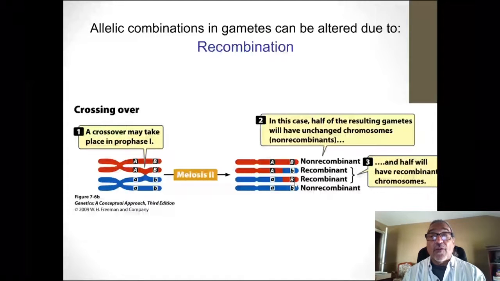These two are the recombinants. That is, they reflect a portion of the genome of one or the other of the parental lines, okay? So of the 4 potential gametes, we have 2 recombinants and 2 non-recombinants.